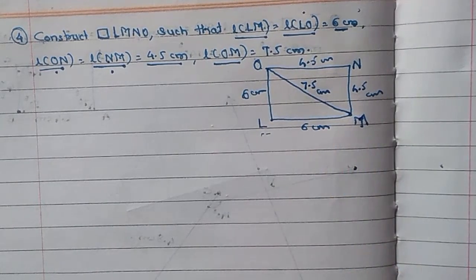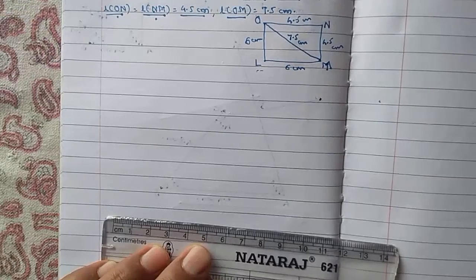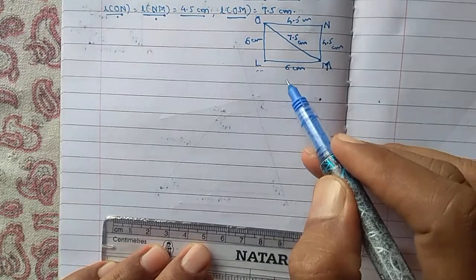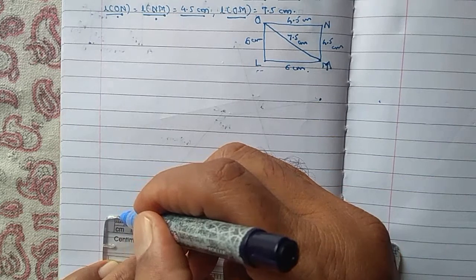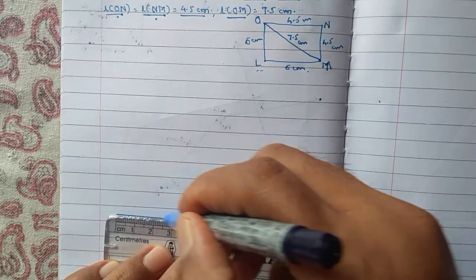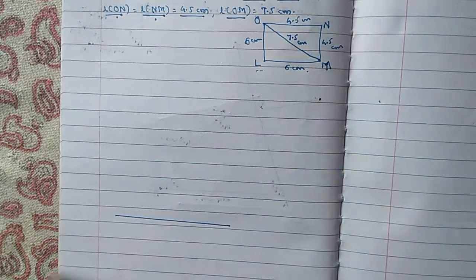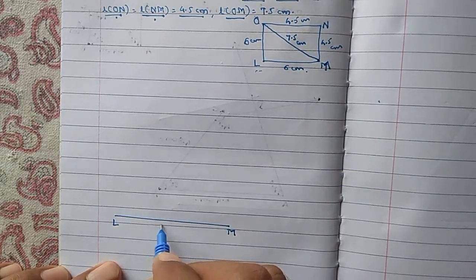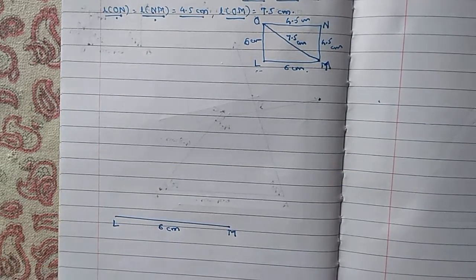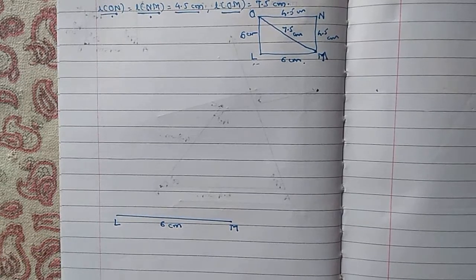Now let us move to the final construction. First draw the base. What is the length of the base? It is 6 centimeter. So take 6 centimeter distance. Name the points L, M. What is its length? 6 centimeter. This also you have to write. Okay.